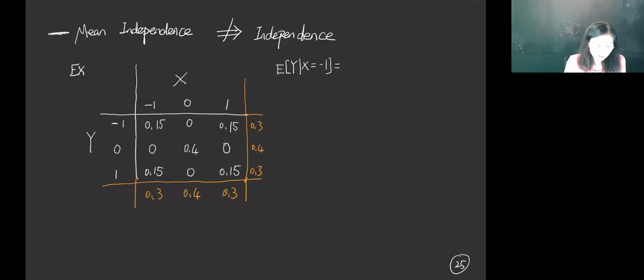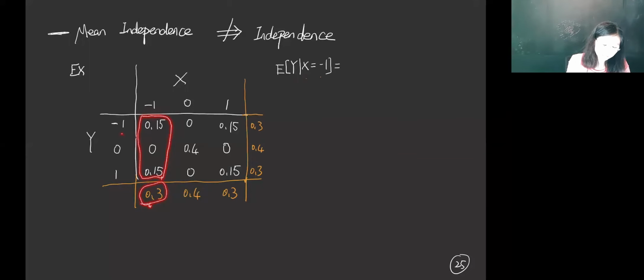Now, conditional on x being -1, so you are in this first column, what is the mean of y? The conditional PMF for y will be this column divided by 0.3. So we can use this conditional PMF to calculate the conditional mean.